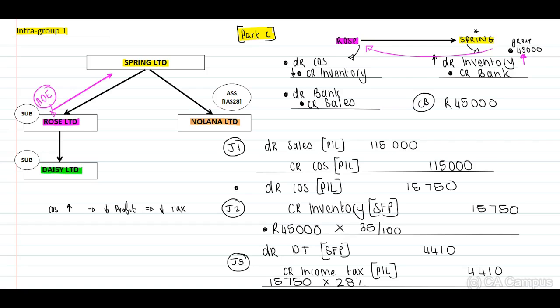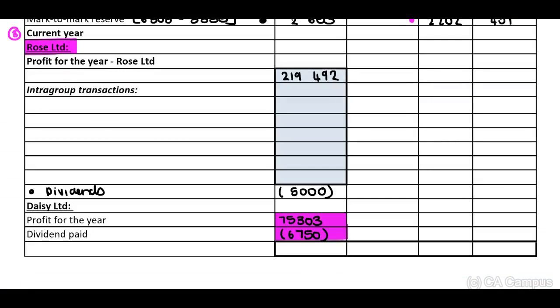Now, when you look at journal entry number 2, we debit the cost of sales and we credit inventory. Now, when we debit the cost of sales in the records of Rose, there is an increase in our expenses. Therefore, we need to transfer this amount to our analysis of owner's equity of Rose.